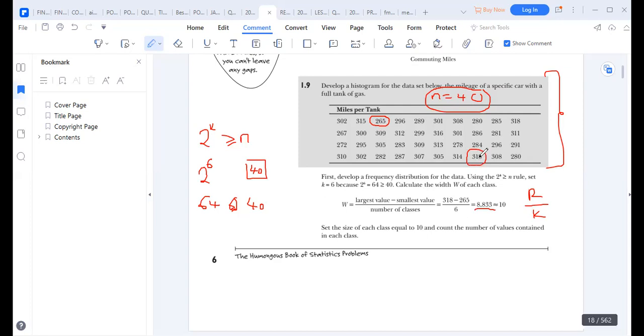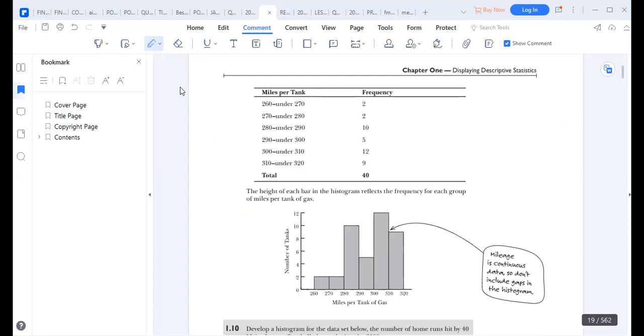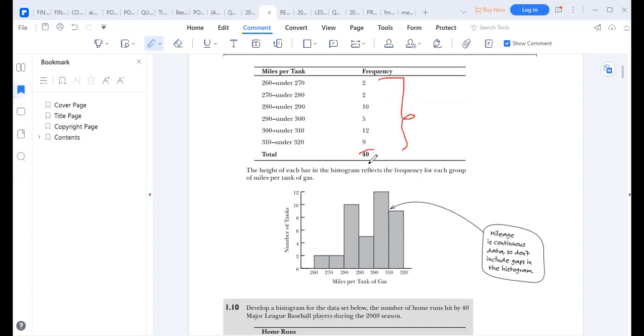The highest number here, 318, is still capped within this range. Then you start looking for the values that lie between 260 and under 270. There are 2. 270 to 280, there are 2. 280 to 290, there are 10. 290 to 300, 5. 300 to 310, 12. 310 to 320, there are 9. So the total comes to 40.